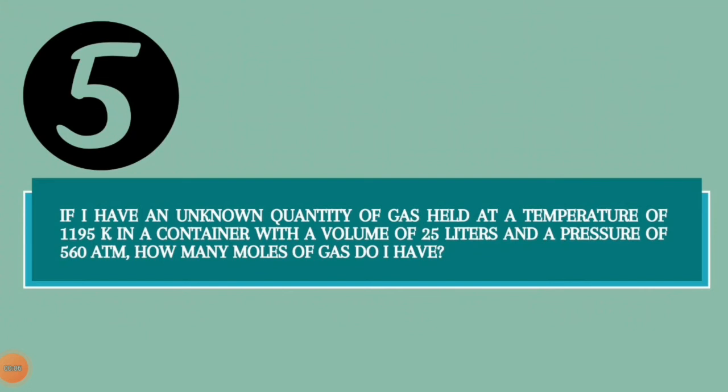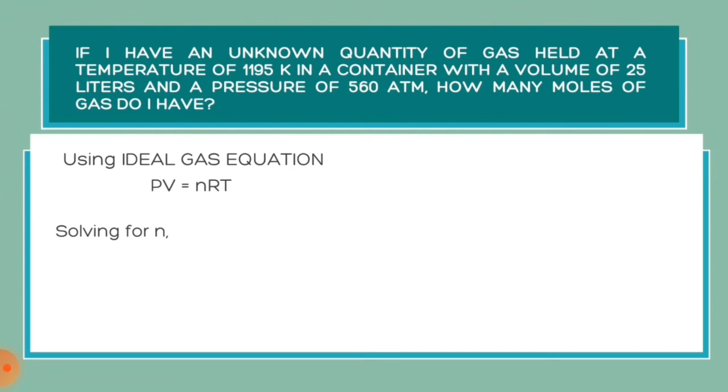So let us proceed to problem number 5. If I have an unknown quantity of gas held at a temperature of 1195 Kelvin in a container with a volume of 25 liters and a pressure of 560 atm, how many moles of gas do I have? Using the ideal gas equation, PV equals nRT, we will find n.